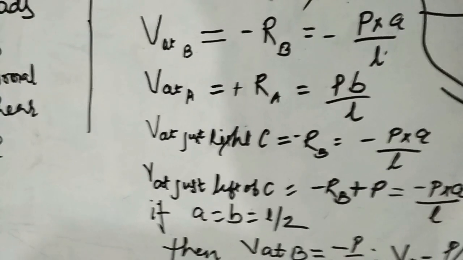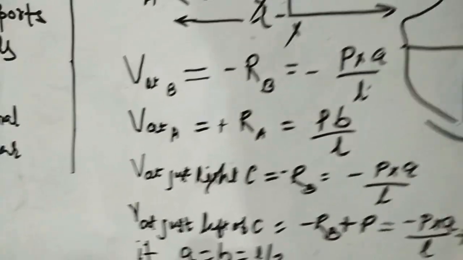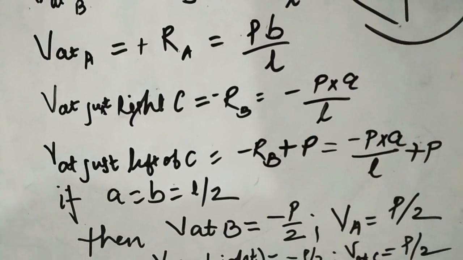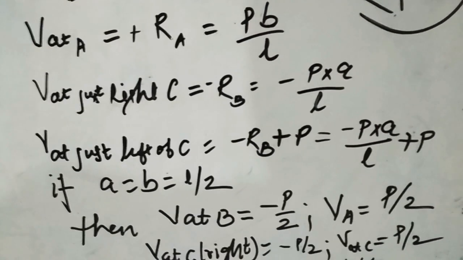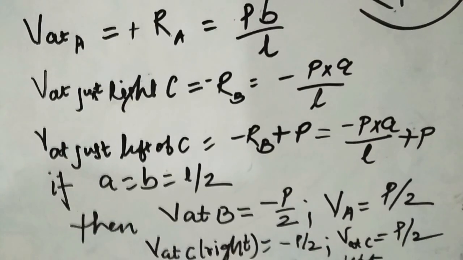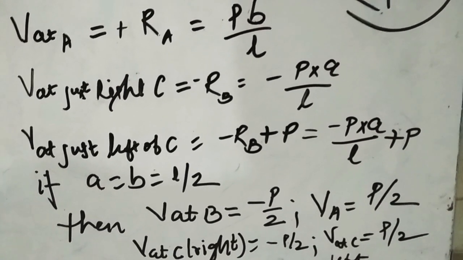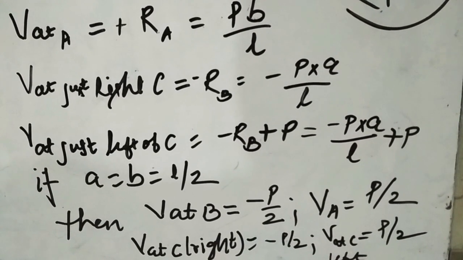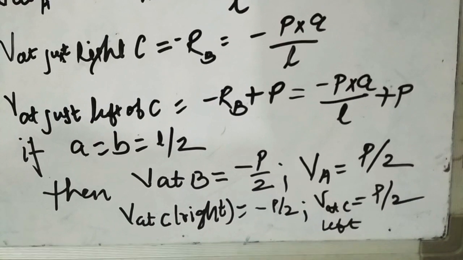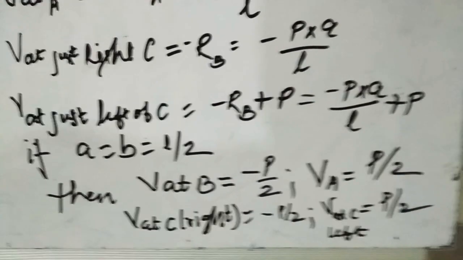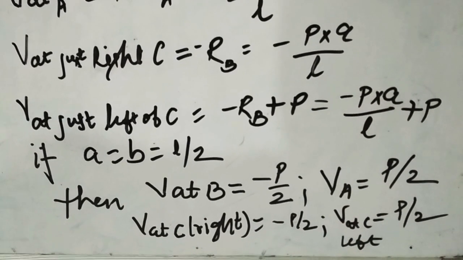If A equal to B, that is the point load P acting at equal distance from both ends, then in that condition the value of shear force at B will be minus P by 2, and the value of shear force at A equal to P by 2, which is equal in magnitude but opposite in direction to the shear force which is acting at point B. And for the value of shear force at point C, we need to find out the shear force just right of C and left of C. Just right of C, the value of shear force will be minus P by 2.